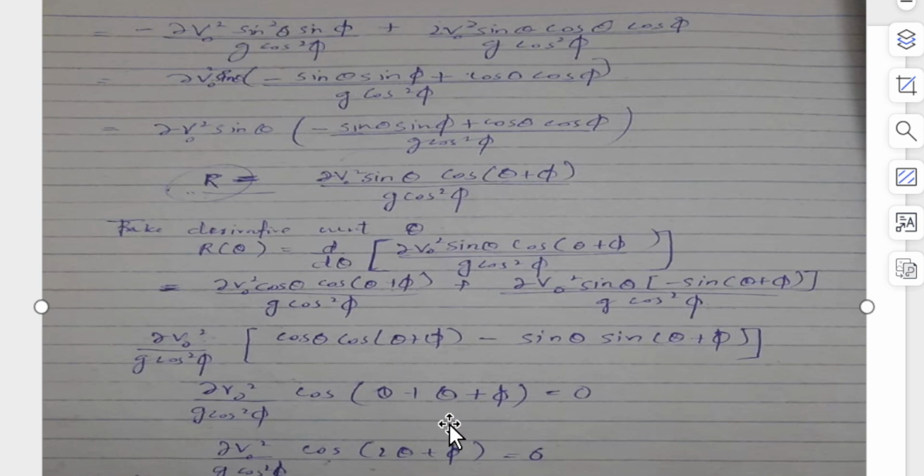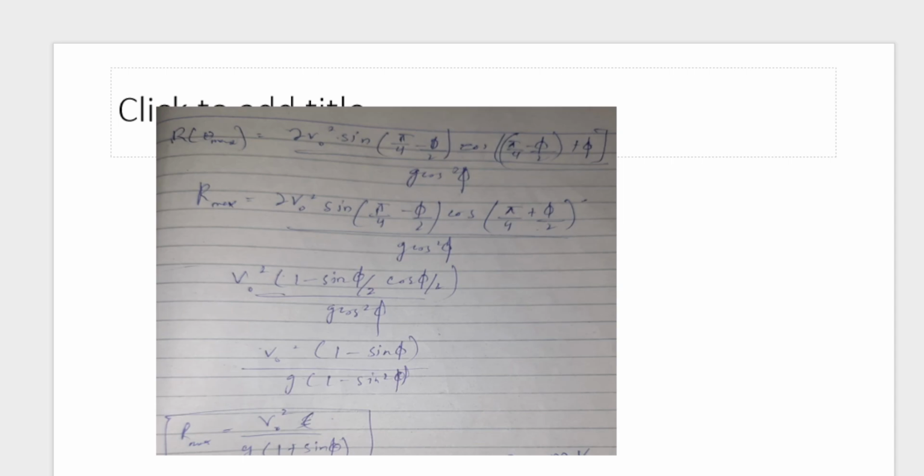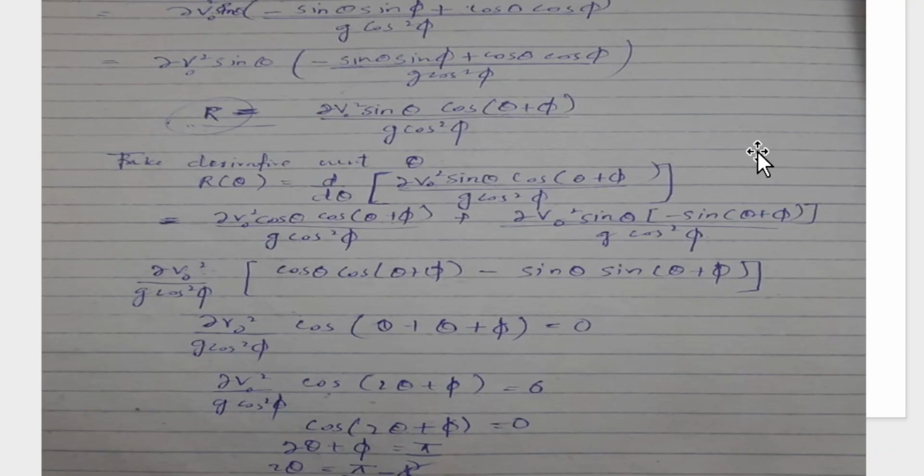After adding 2 theta, shift the cos term to the right side. We will get cos inverse of 0, which equals 90 degrees, or pi over 2. So 2 theta and phi go to the other side, and you can easily find theta, which is at the maximum position.